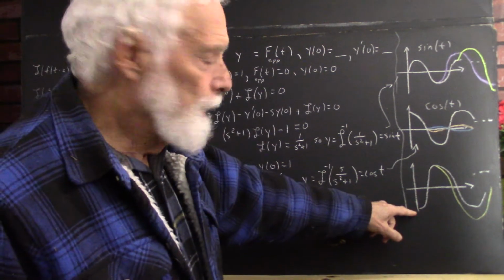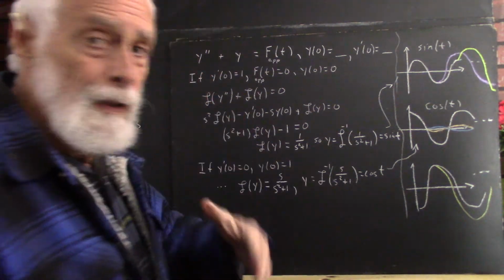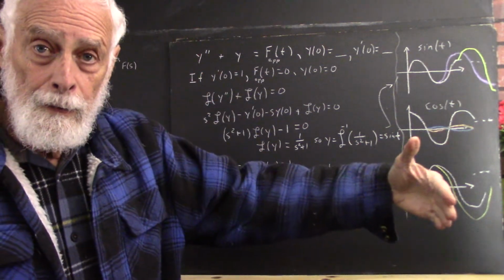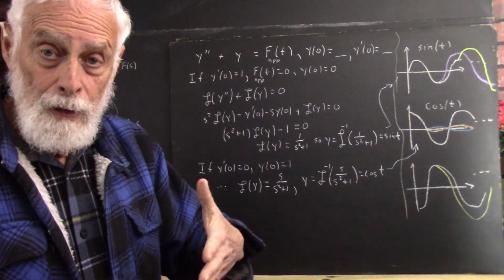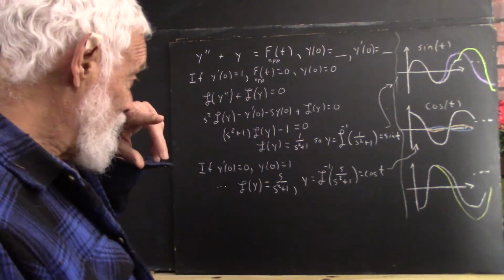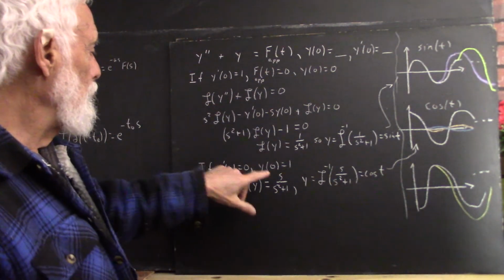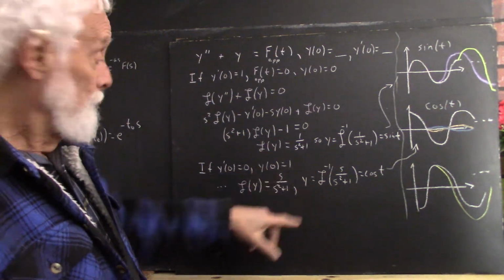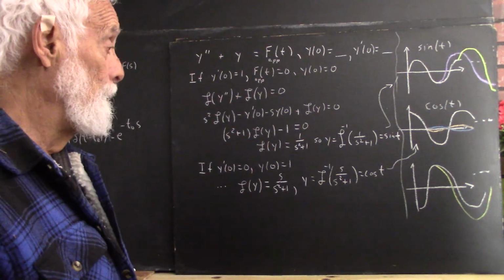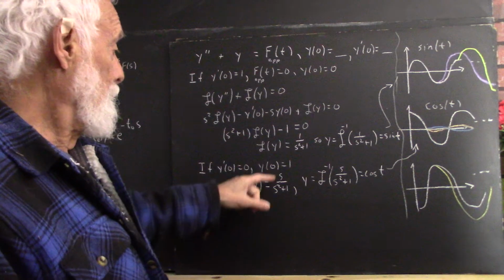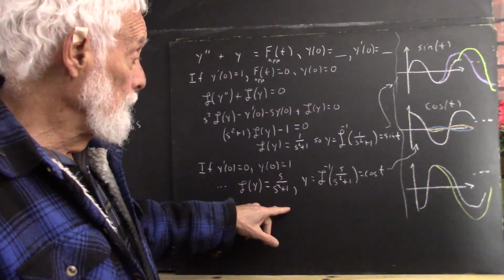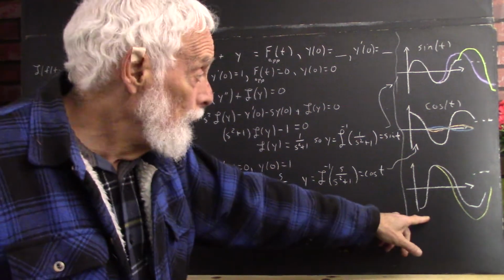We could get this one, incidentally, by starting our timer not here, but starting our timer here. In this case, y of 0 would be -1, y prime of 0 would be 0, and you just end up with the negative of the s over s squared plus 1, which would give you the negative cosine, which is like this.